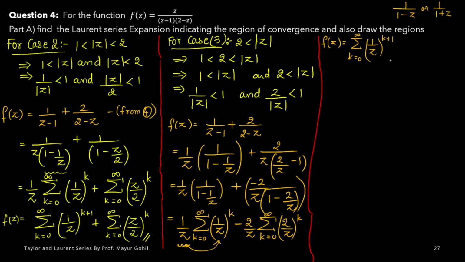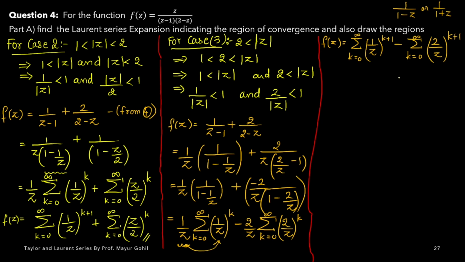That will remain same. Now this 2 upon z can also be pushed inside the summation, so it will become minus summation of (2 upon z) whole raised to k plus 1, k going from 0 to infinity.